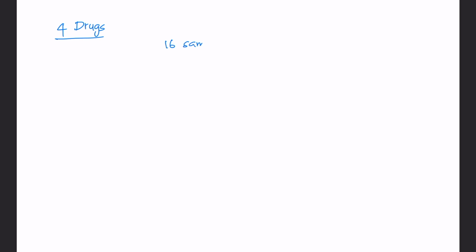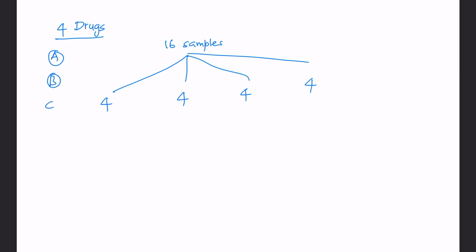I'm going to randomly assign them into 4 groups, and let's call these drugs A, B, C, and D. For the first 4, I'm going to assign drug A, drug B for the next one, drug C for the next one, and drug D for the next one. The priority here is to remember that this process of splitting the 16 samples into 4 groups is completely random.